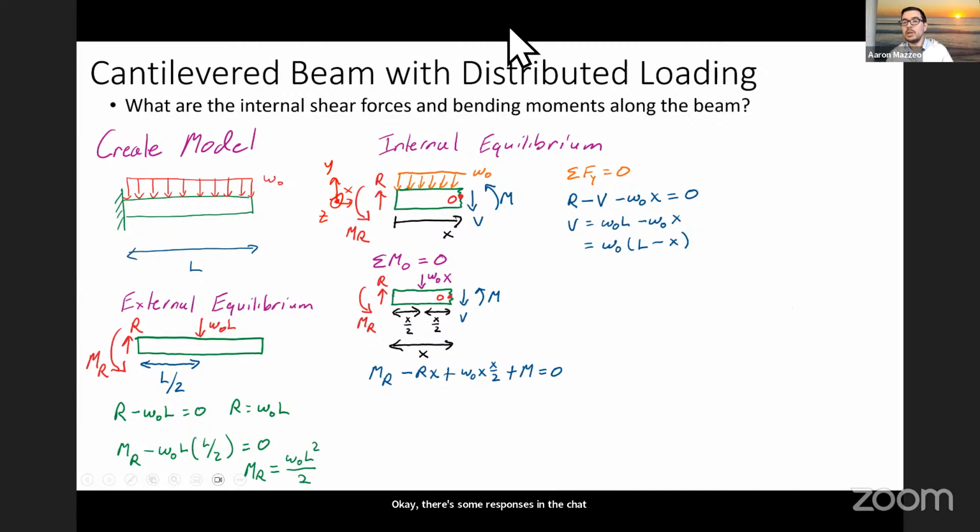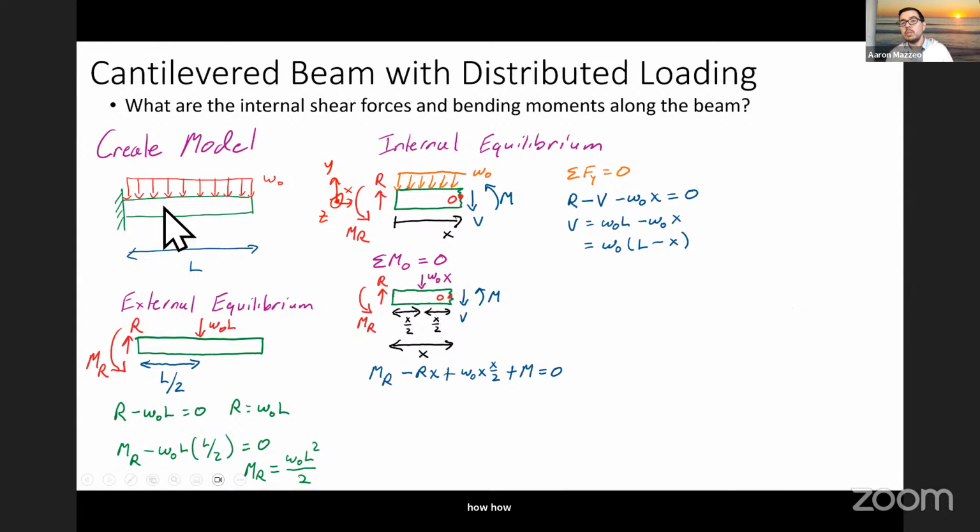Okay, so moment due to force. All right. Hello, Professor. Okay, what kind of force? Moment due to the resultant distributed force. Yes. So this distributed force is an external load. How is that coming to be?